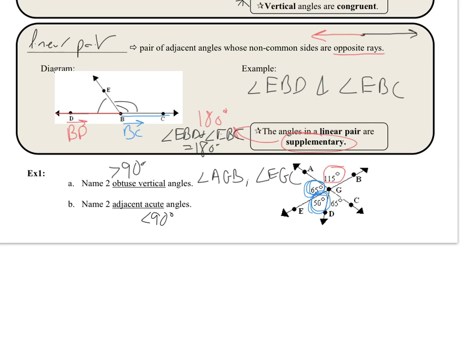Those are both less than 90, so that means those are both acute, and the definition of adjacent means that they are next to each other. So in this case, we can say angle AGE and also angle EGD.